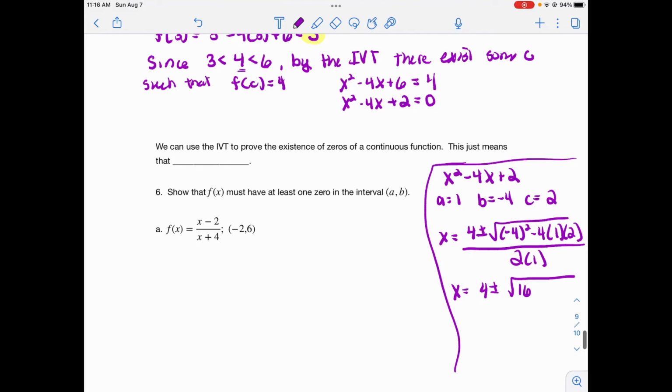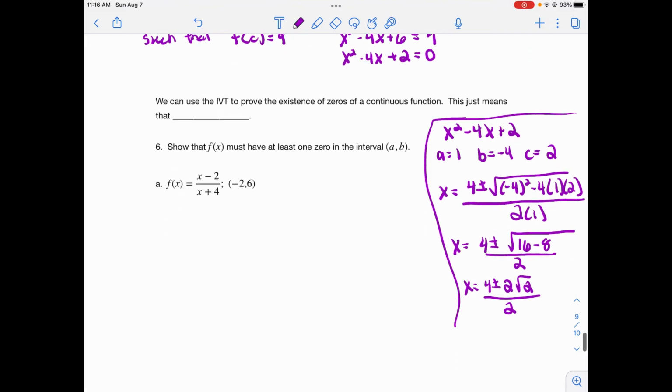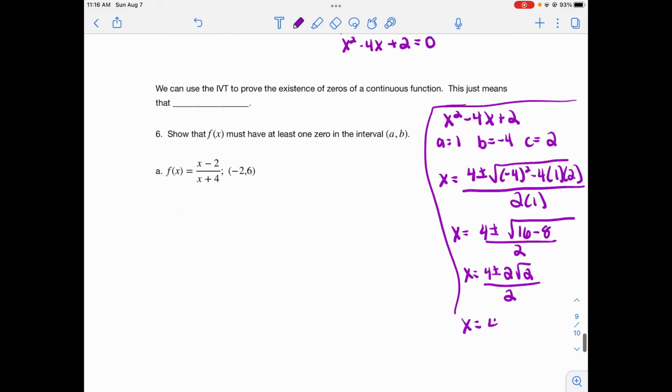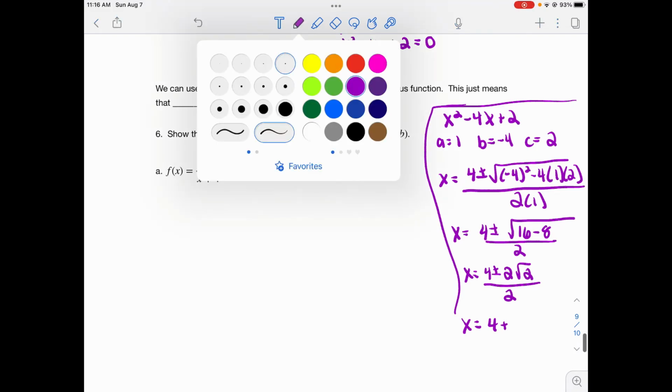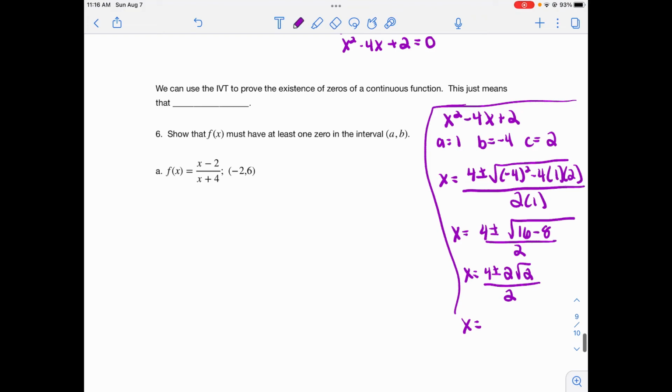All right, that's 16 minus 8 over 2. That's the square root of 8, which is 2 square root of 2, over 2. x equals 4 plus or minus 2 square root of 2 over 2. Let's factor out our 2 there: 2 plus or minus the square root of 2.